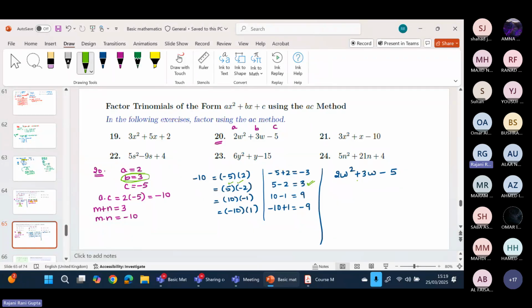Okay. In place of 3w, you will be writing 5w minus 2w. Or you see here 2, here you see 2. So better you change the position.